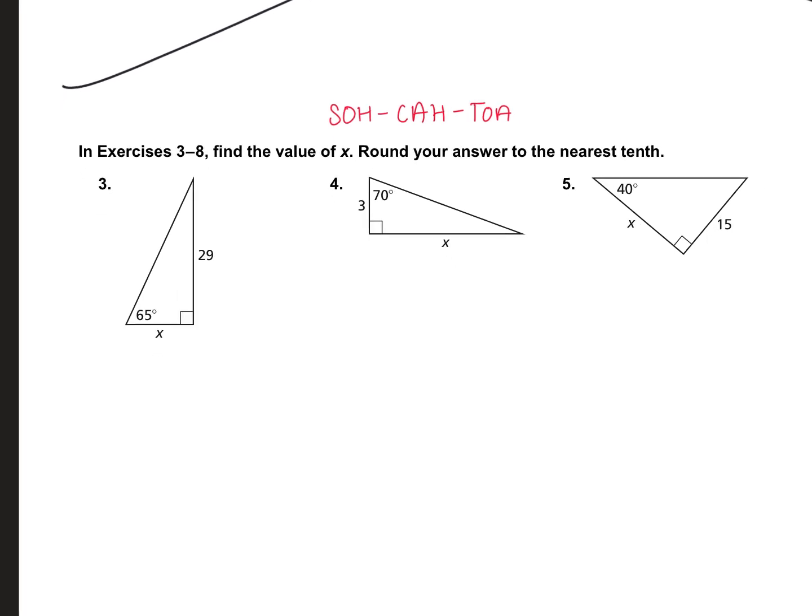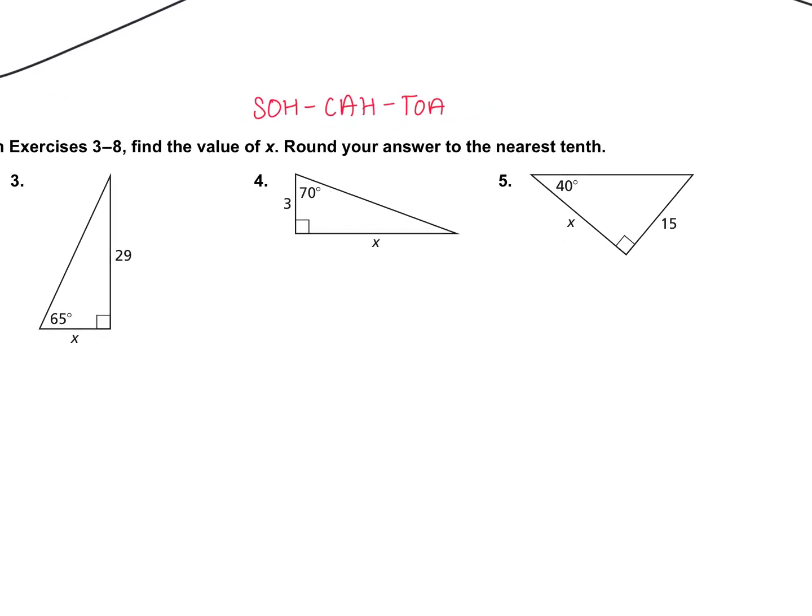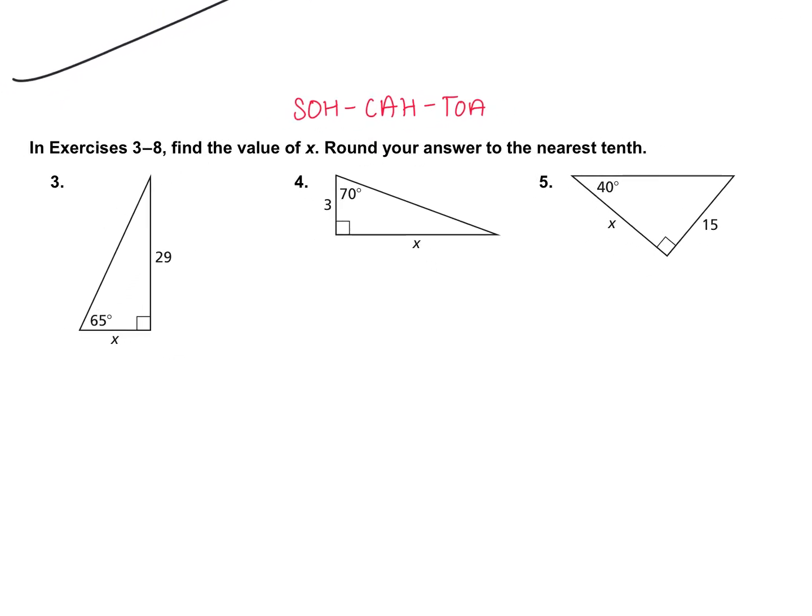And looking at it, according to number 3, what are they giving me? Using my angle, I have my opposite side and my adjacent side. So opposite and adjacent, I'm going to use tan. So plugging in, I have tan 65 equals 29 over x.